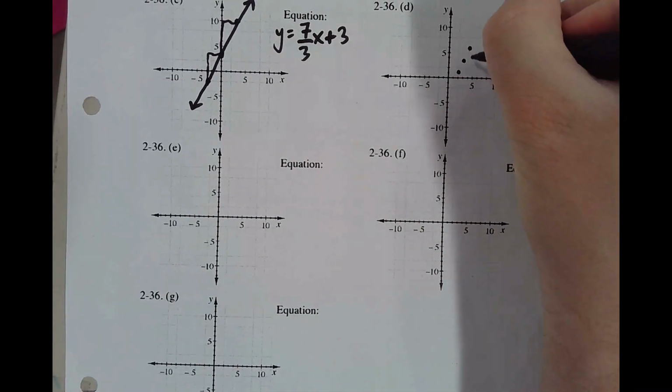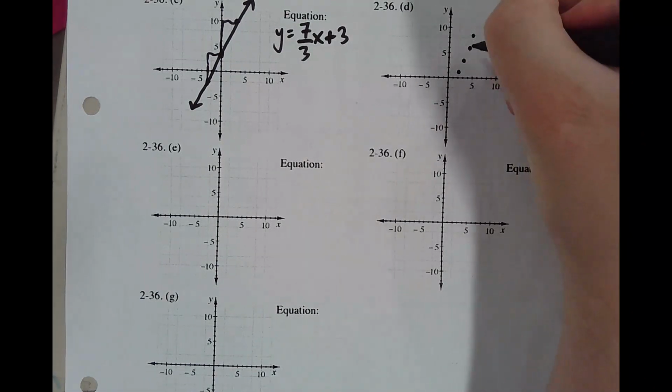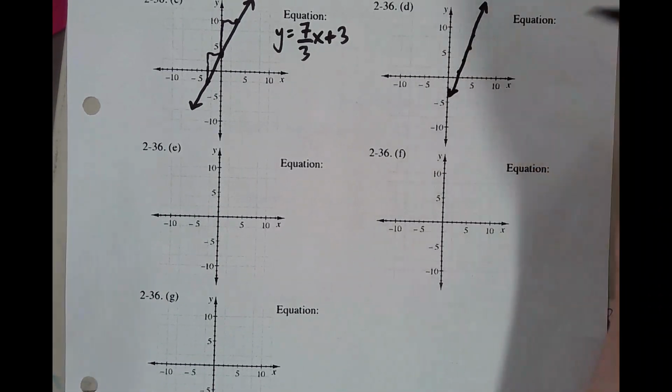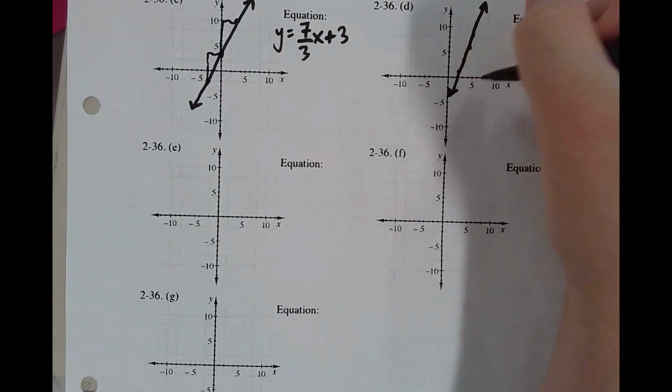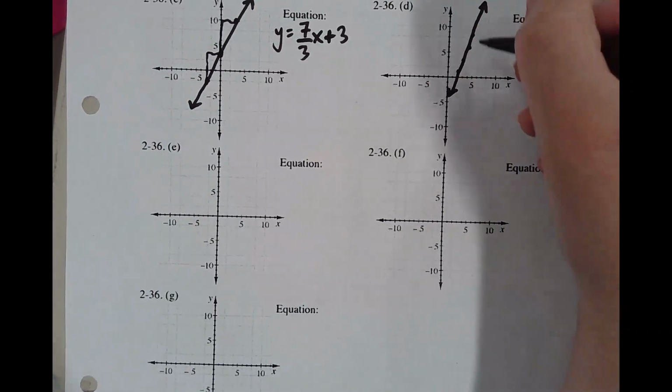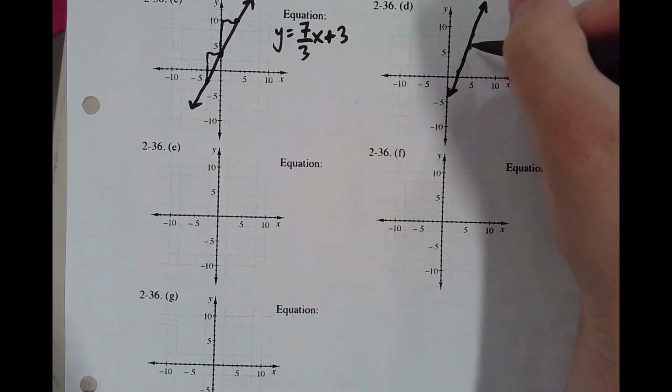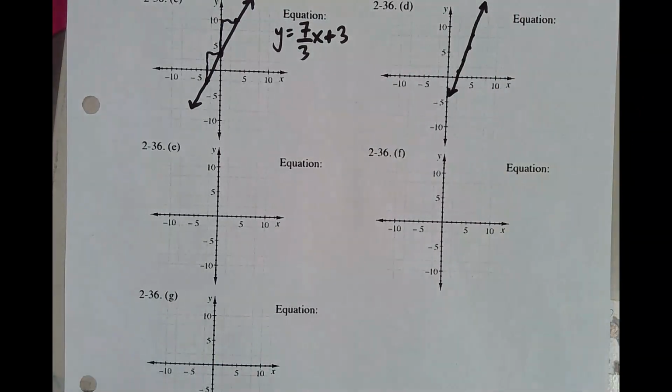And 5, 8.5. Something like that. The only line that goes through those ones is going to be this right there. And we could come up with the equation for that, but I'm seeing the slope is pretty complicated to see on that one, okay? So we'll leave that equation blank for right now.